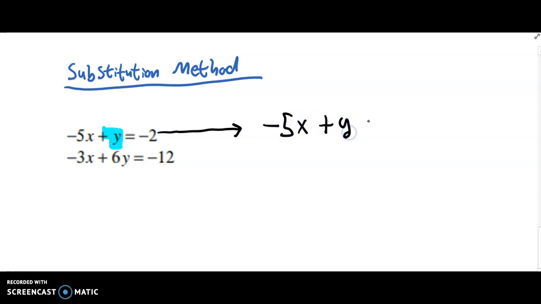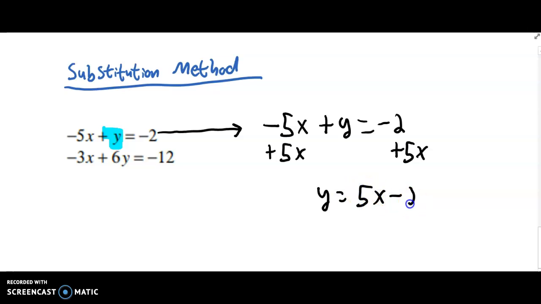I'm choosing this one because y already has a coefficient of 1. All we need to do is get it by itself, and we don't need to divide anything. So to get y by itself, I just have to add the 5x over to both sides. So I have y equals 5x minus 2.